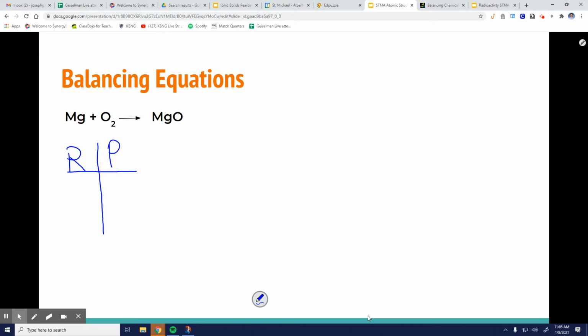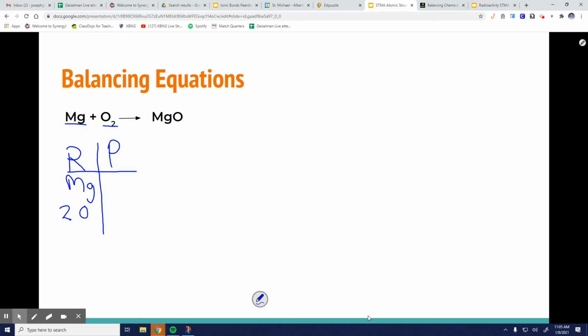And what we're going to do is we're going to list the different reactants, the things that are on the left side of the arrow, and how many of them are there. And then we're going to match them up with what's on the right side, the products. So when we do this, we see that we have 1 magnesium, and we have 2 oxygen atoms.